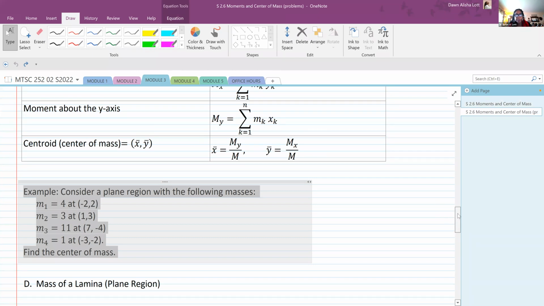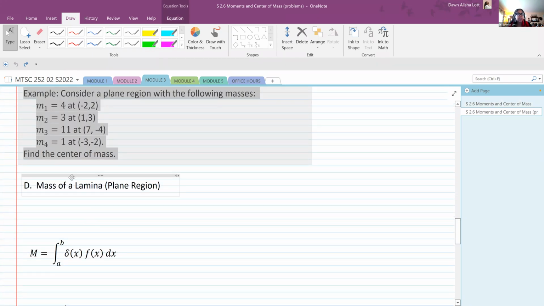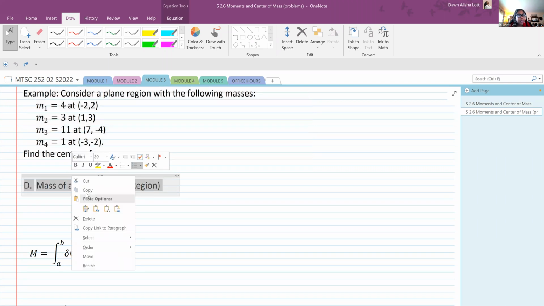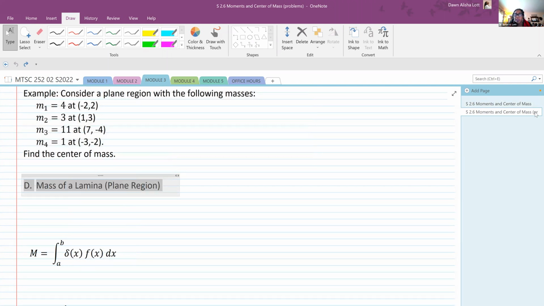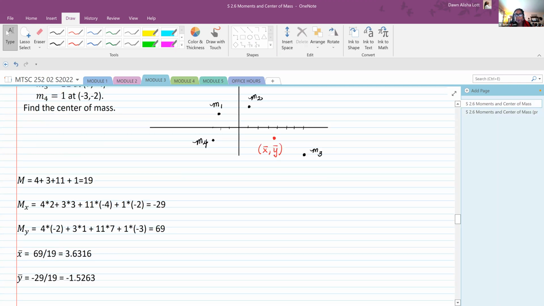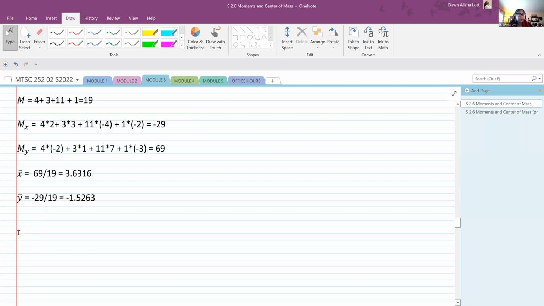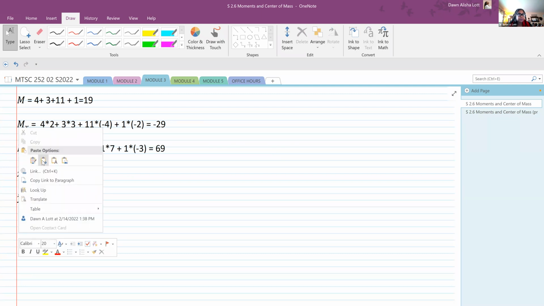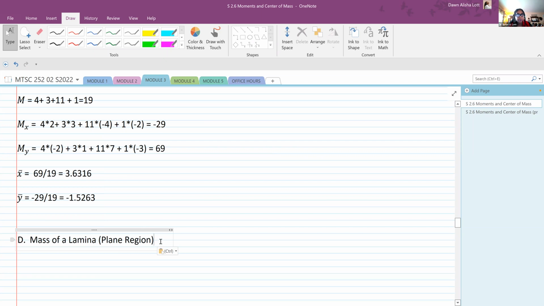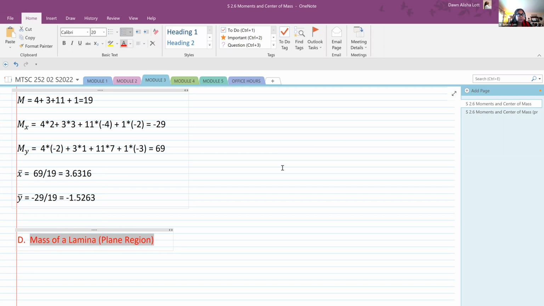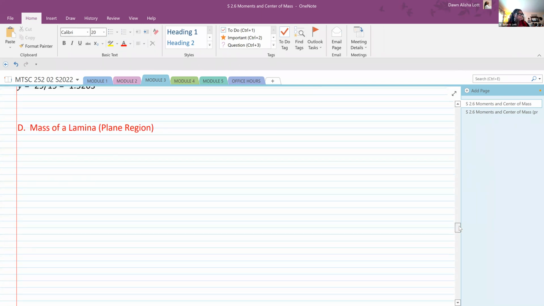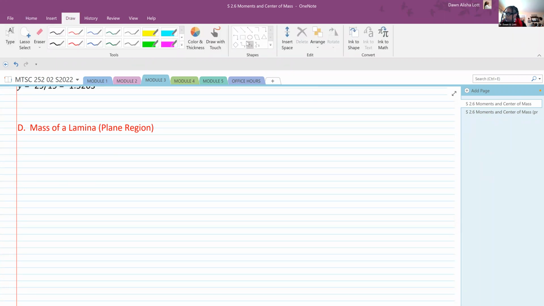Okay. Two more things we must do. That's D and E. The first thing is the mass of a lamina, which is a plane region. So I'm going to draw a nice plane region.